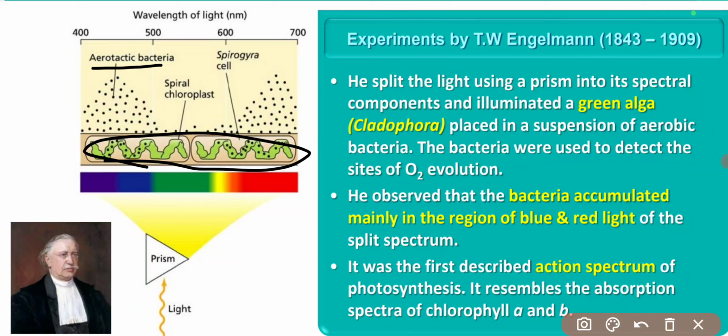So what he concluded was that the bacteria accumulated mainly in the region of blue and red light. This region is the blue region, as you can see, and this one is the red one. So he first described the action spectrum of photosynthesis.